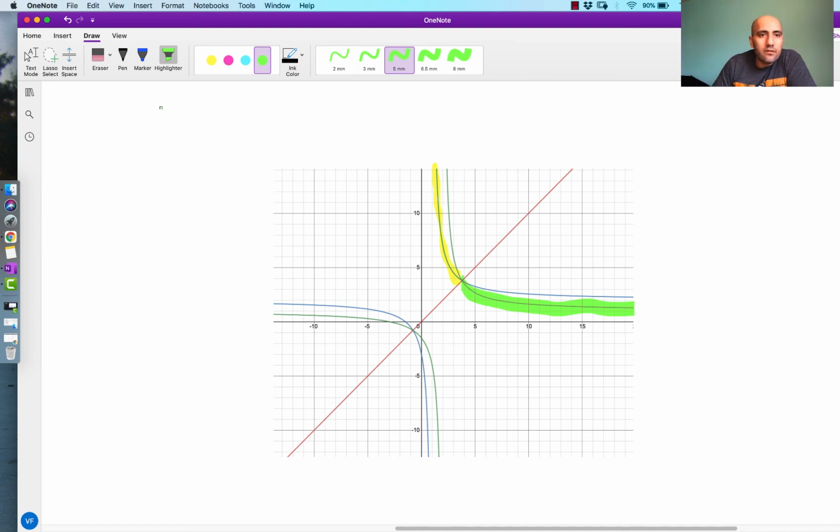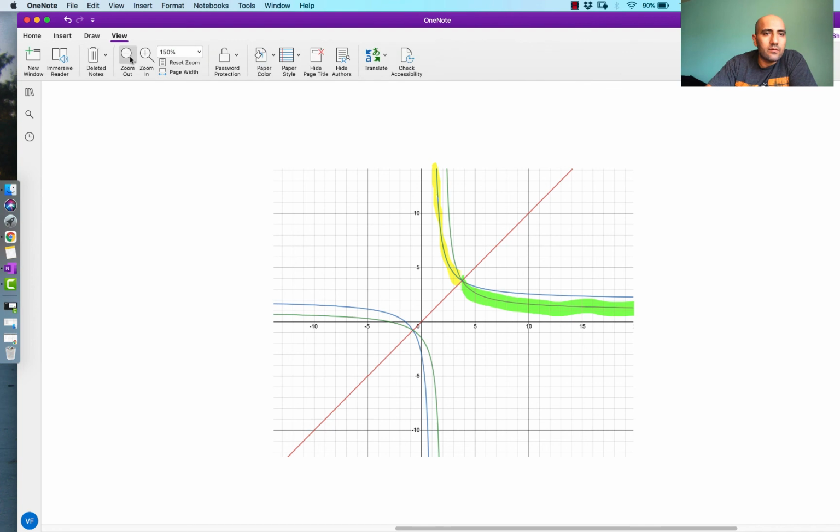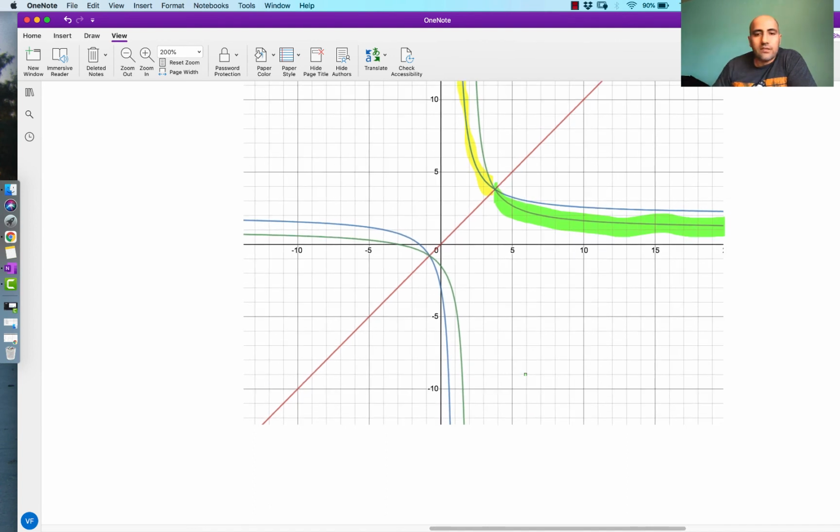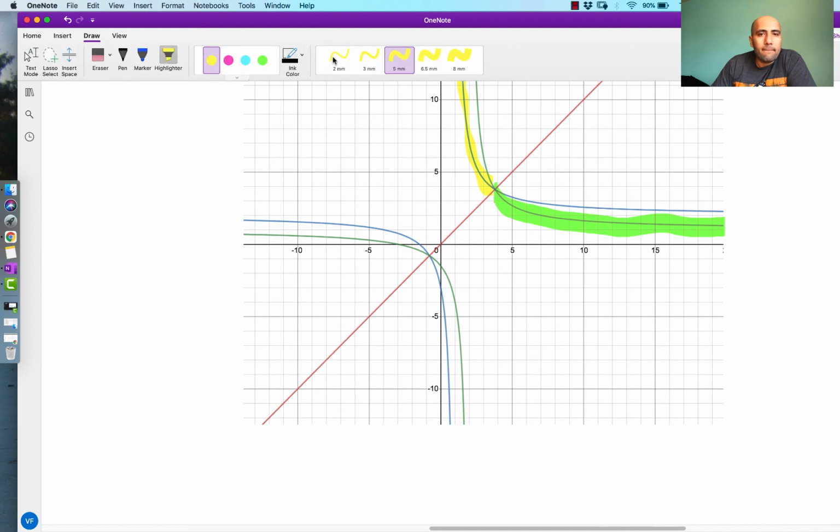Same thing over here. If we zoomed in a little more, we focused on this one. Let's think about this portion of the blue.